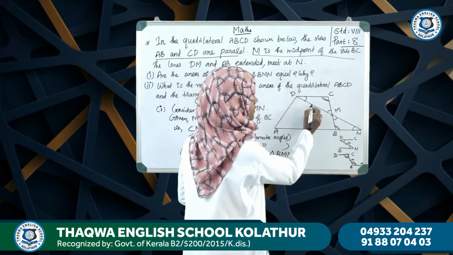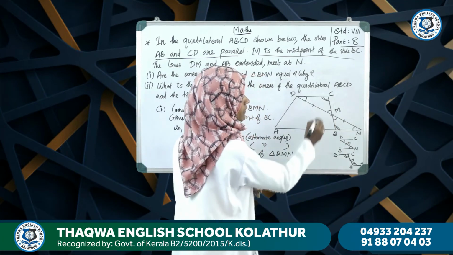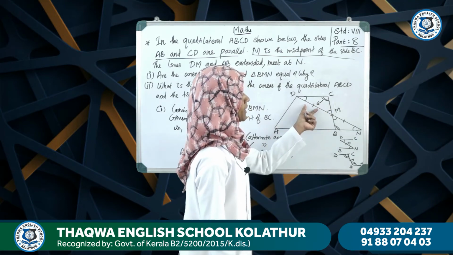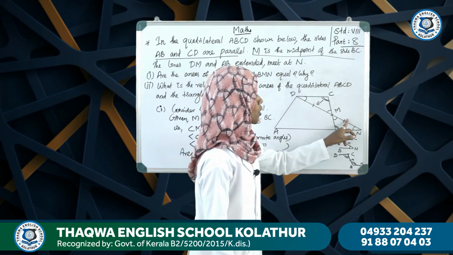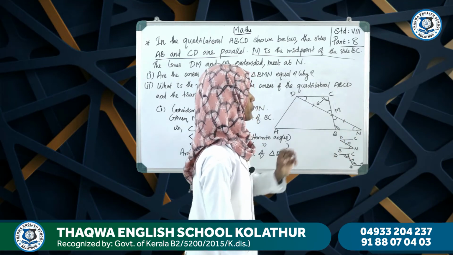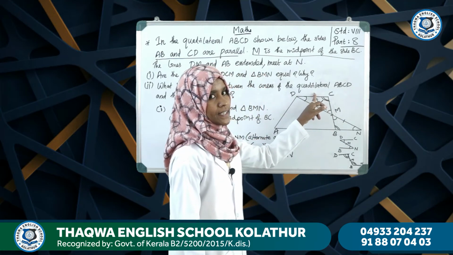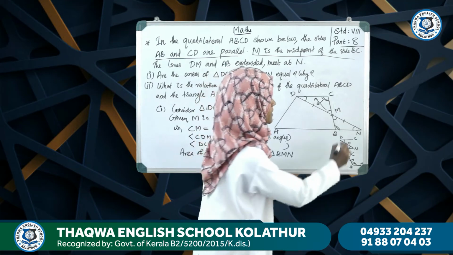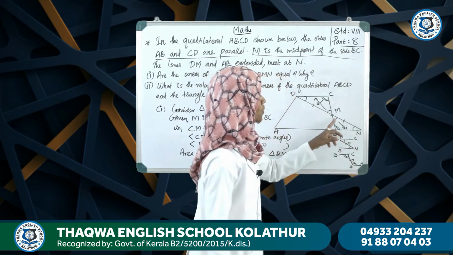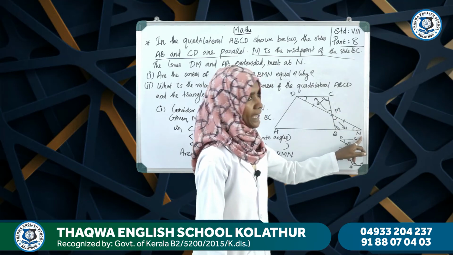Here listen, the side DM and the side MN are equal. What is the reason? DM is opposite to angle DCM and MN is opposite to angle NBM. The side CD is opposite to angle CMD and the side BN is opposite to angle BMN.